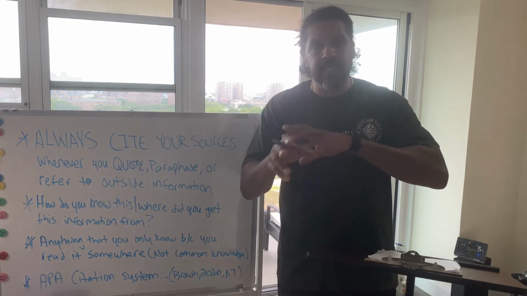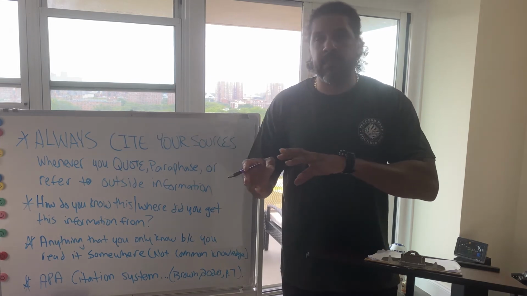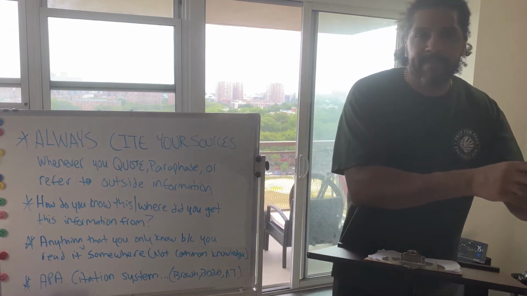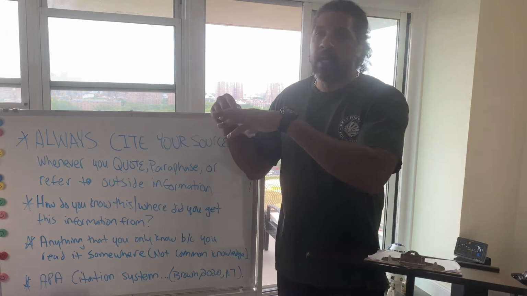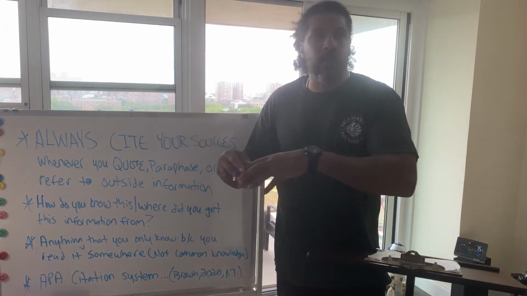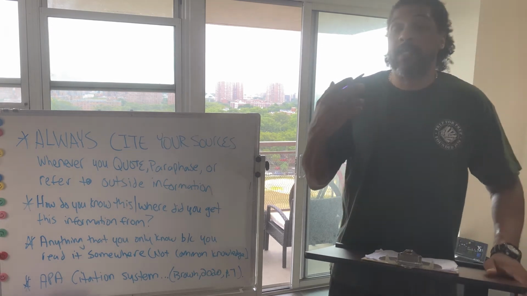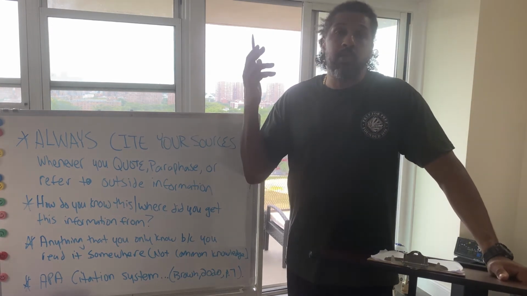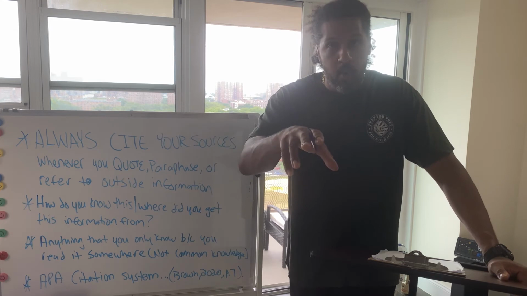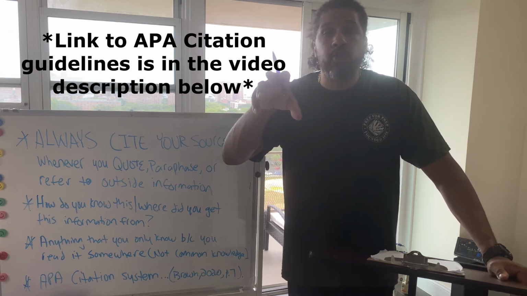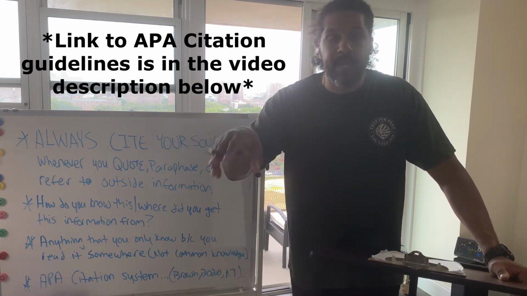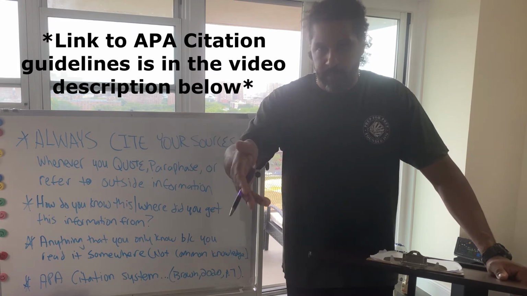Looking at the ins and outs and the technicalities of APA, how do I cite a video? How do I cite an article? How do I cite something with multiple authors? I'm going to have to leave it up to you to do the research on your own to figure out how to cite properly using APA in all these different circumstances.